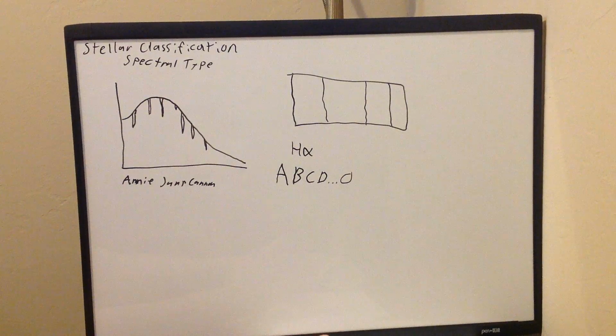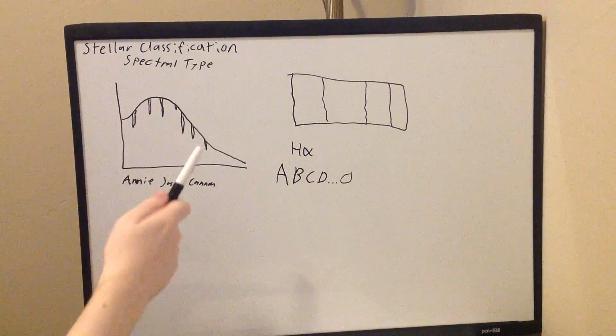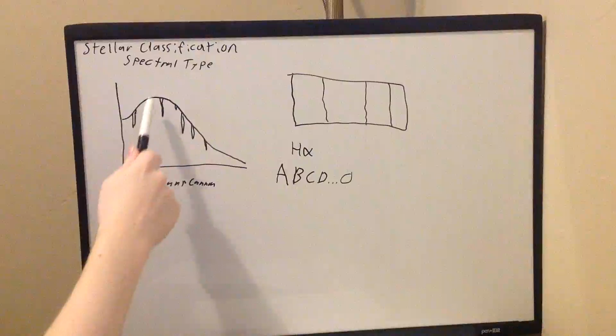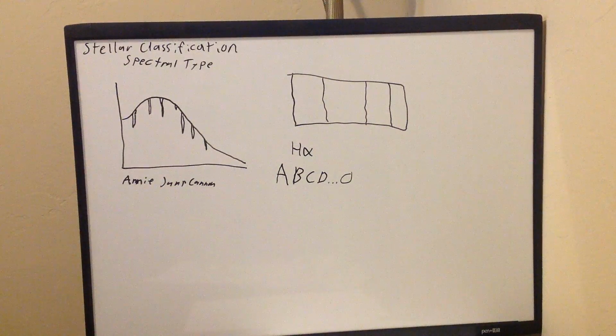She thought that it would make more sense to classify stars based on temperature. And she determined stars' temperature based on the location of the peak in their blackbody curve.